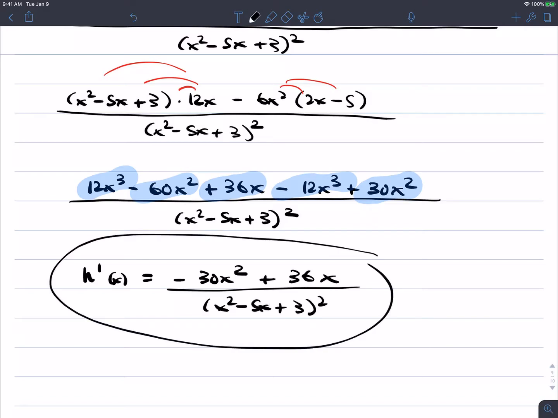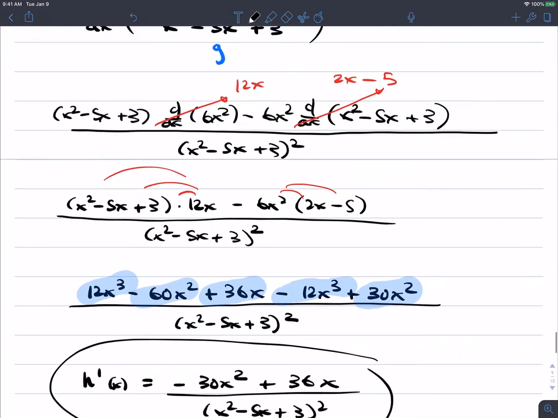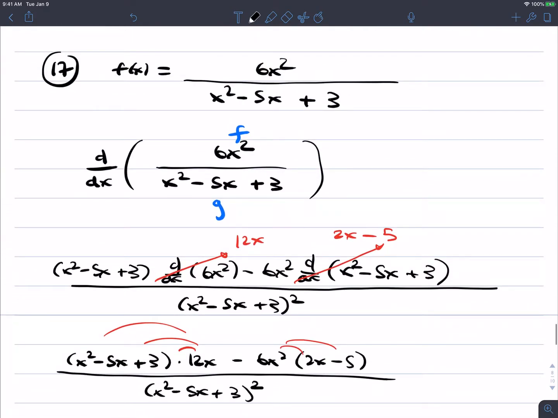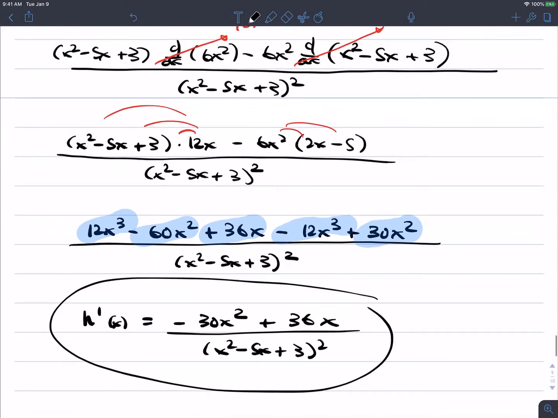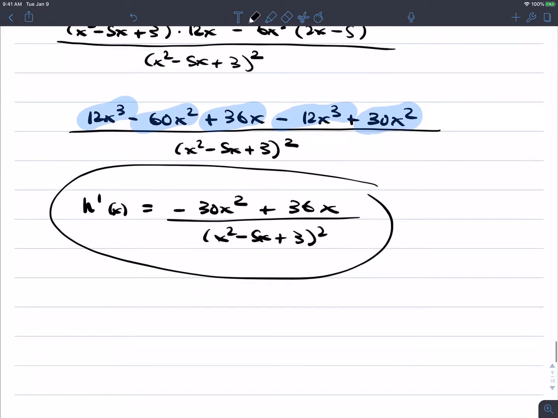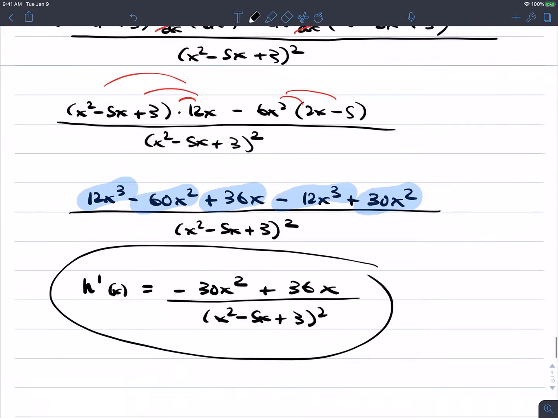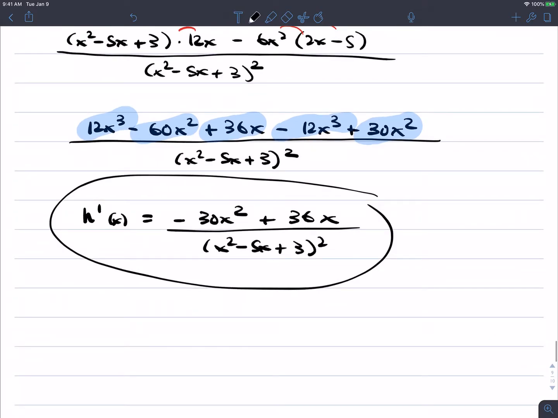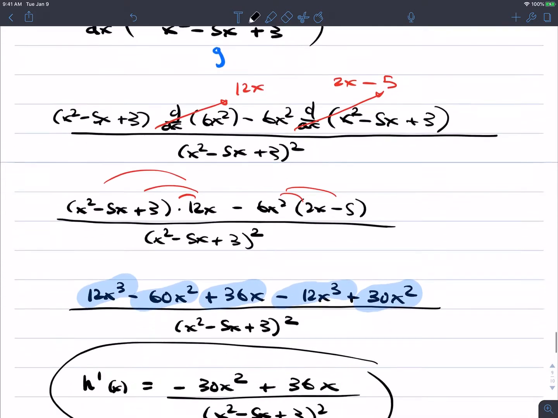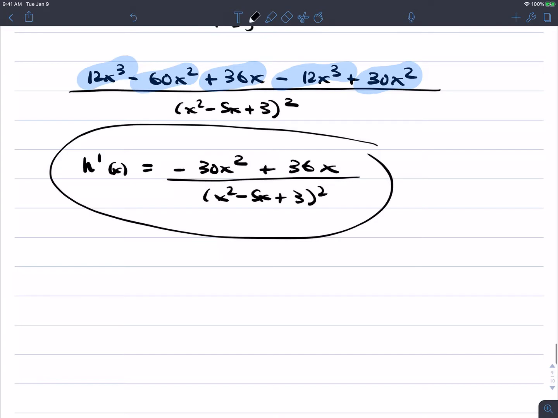You are done. Here's our derivative. And it looks like that was question number 17. Yes. And we now go to 19.